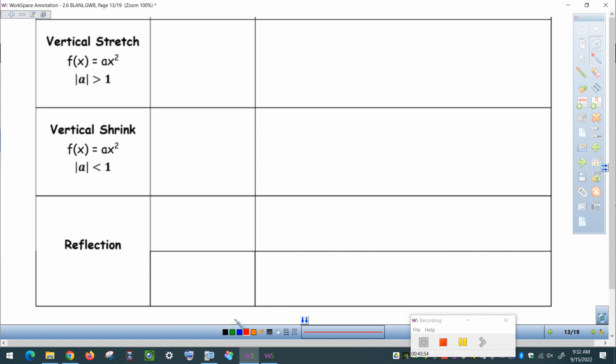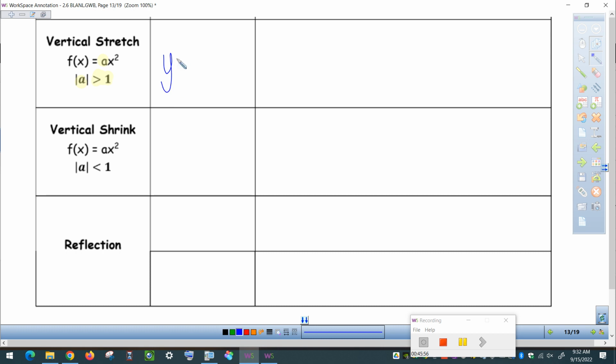So the first situation here, and we have this example kind of already shown, is that if the number multiplied in front is a number that's greater than 1, it's going to be a vertical stretch. That was where we thought about the parabola being made of silly putty, stretching it vertically. It got skinnier, it got narrower.